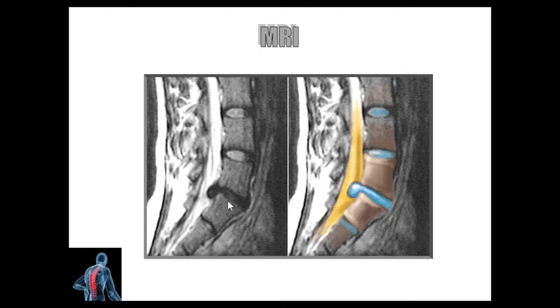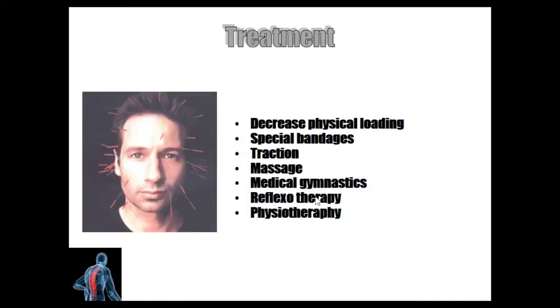In our case, the L5 disc came out. We have a huge hernia which came out behind the posterior surfaces of the vertebral bodies, and as a result we have a compression of the nerve on the posterior side.